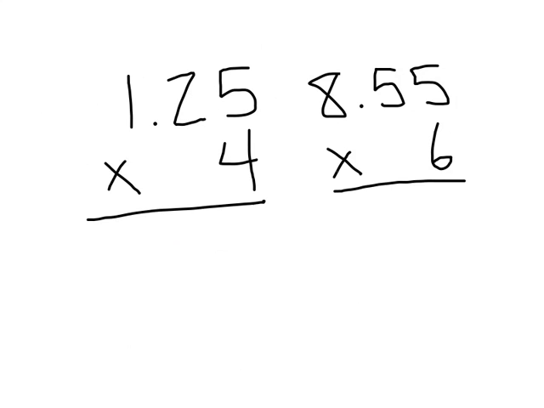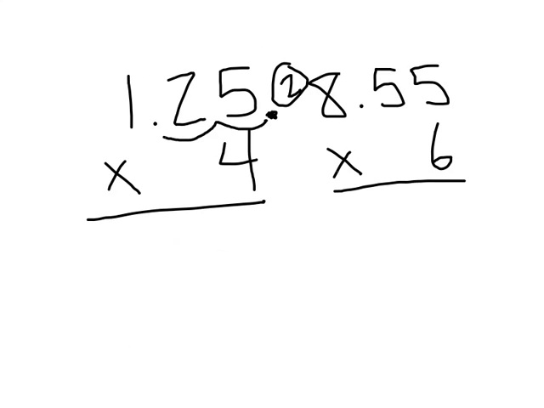Let's look at two more examples. 1 25/100 times 4. This number has a digit in the hundredths place, so it has 2 digits behind the decimal. So when I multiply, my answer will need 2 digits behind the decimal. First, I can multiply like the decimal's not even there. What's 125 times 4?